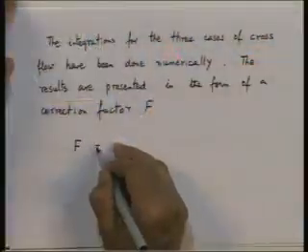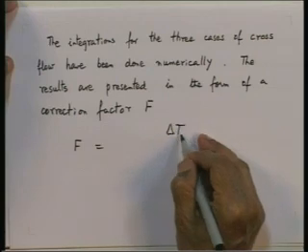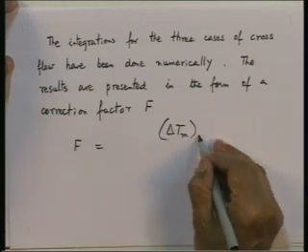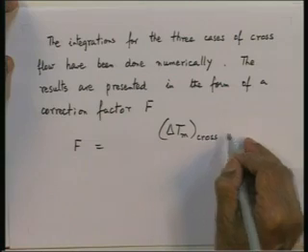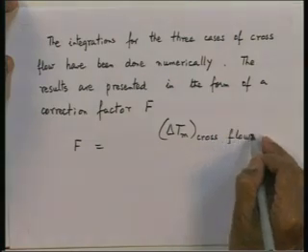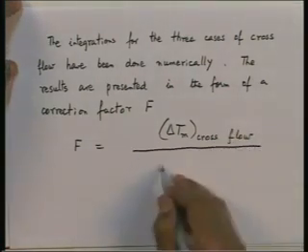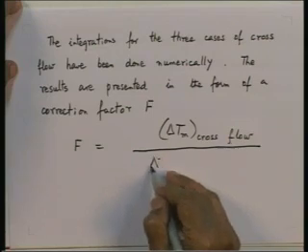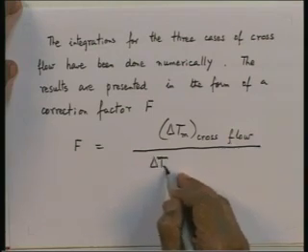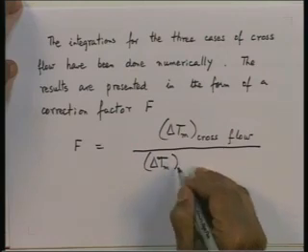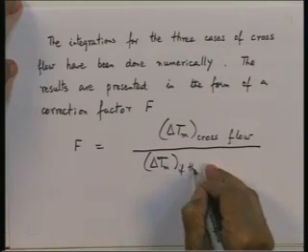F is defined as F is equal to the delta Tm in cross flow divided by the delta Tm if the arrangement had been counterflow.